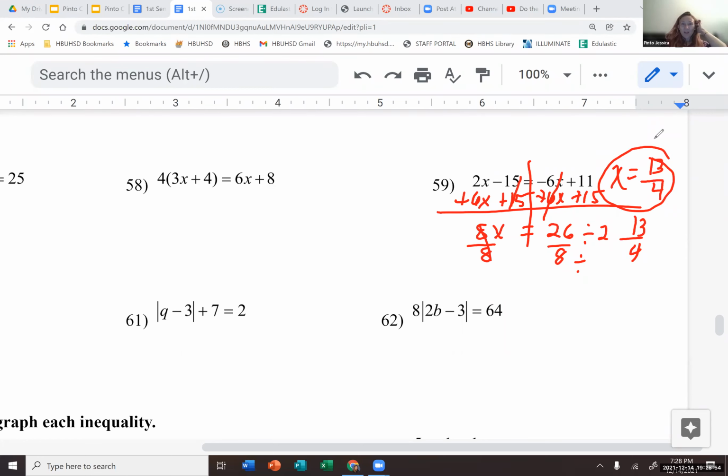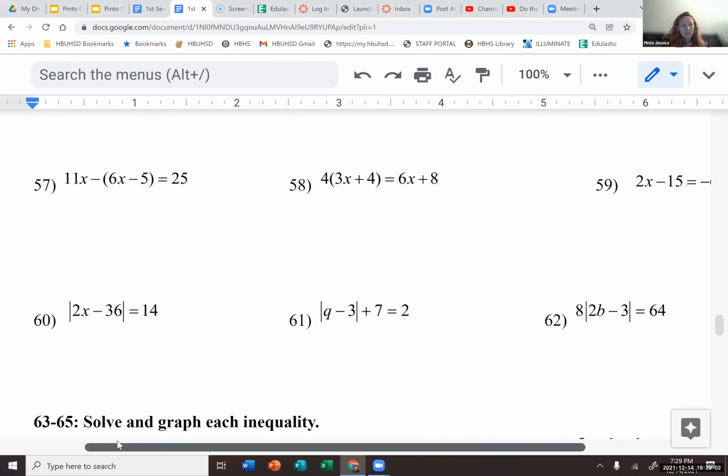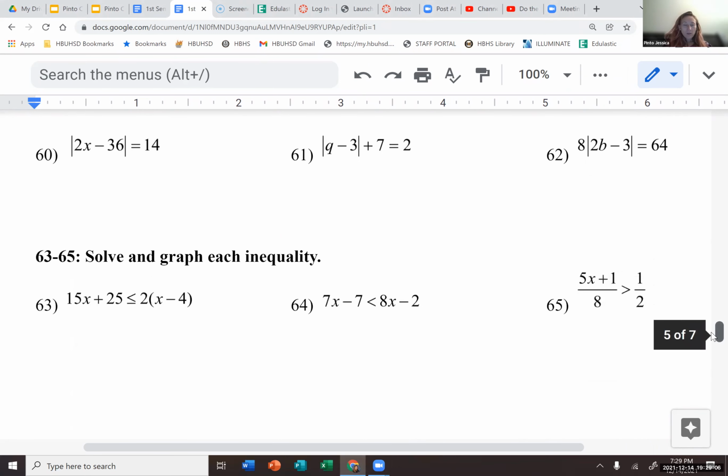Cool. So the rest of these problems, it looks like, are absolute values. Let's take a look at these. Remember, absolute value is a distance from 0. So on number 60, we're saying, okay, the number inside here, whatever this ends up being, this 2x minus 36, that has a value of 14 units from 0.